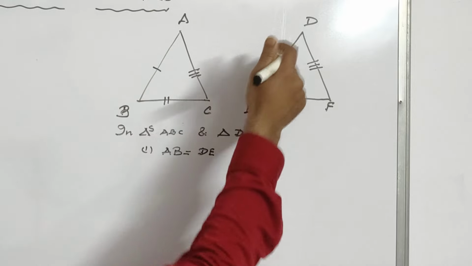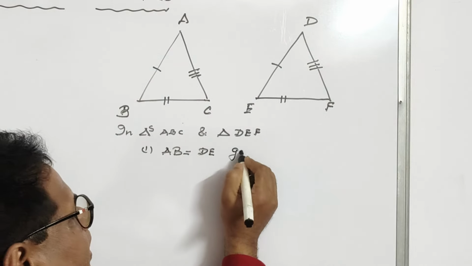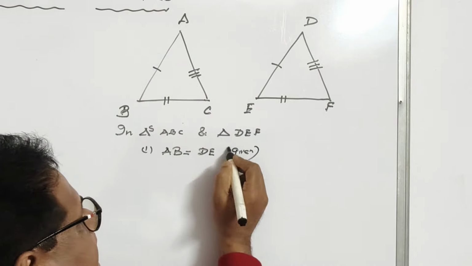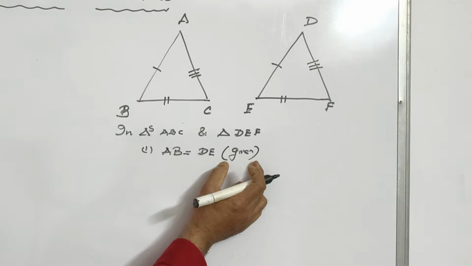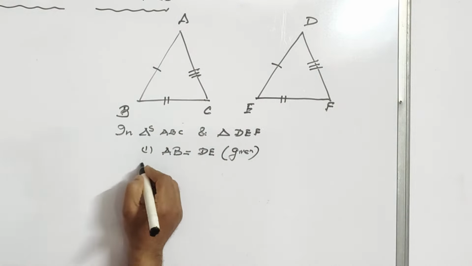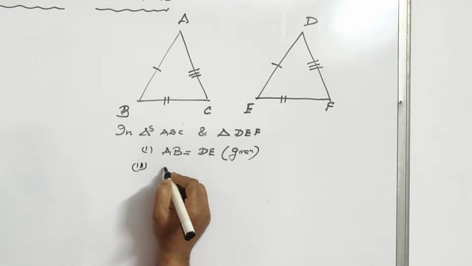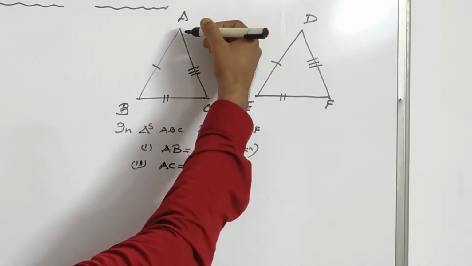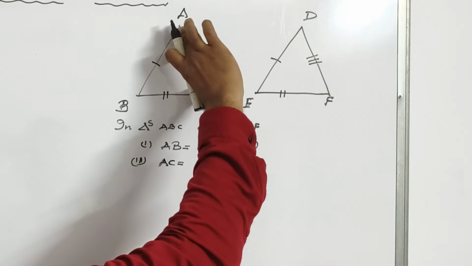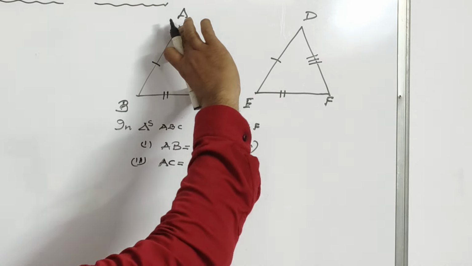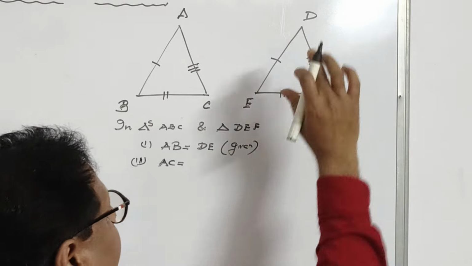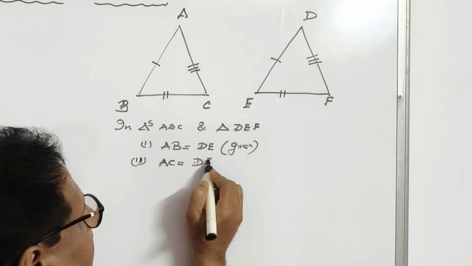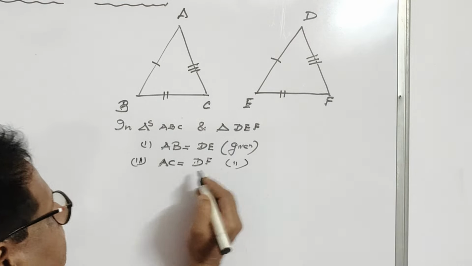Because they are already given. So write in the bracket, this is the reason, that they are already given. Second condition, side AC equals side DF. See, side AC means from A to C. This is the line segment, this is not the angle, this is the side. Side AC is equal to side DF. Even this is given.